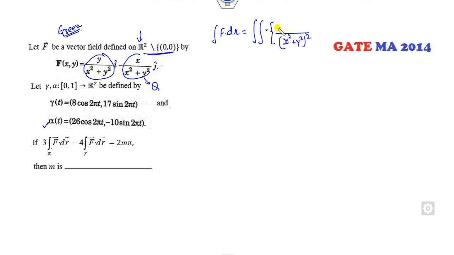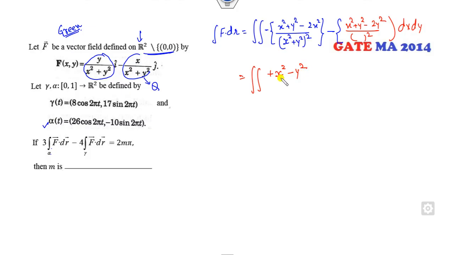Now you can see what is that? It's x square plus y square minus 2x square, minus, I can integrate this function with respect to y. So it will be x square plus y square minus 2y square over the same whole square into dx dy. So what is that? I can open this. It's a minus x square minus minus plus minus y square divided by x square plus y square whole square, minus, again I can say the same whole square.